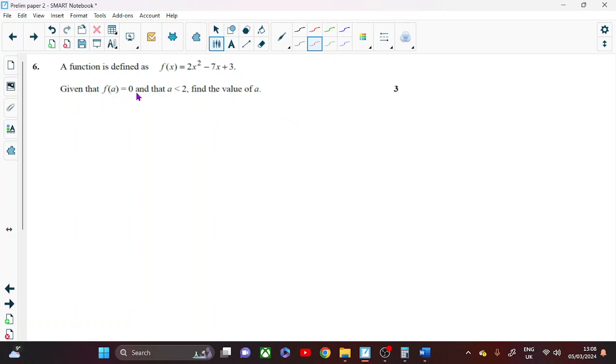So f of a equals 0. So I'm going to replace the x's with a, I'm going to replace the f of a with 0, so I've got 0 equals 2a squared minus 7a plus 3.